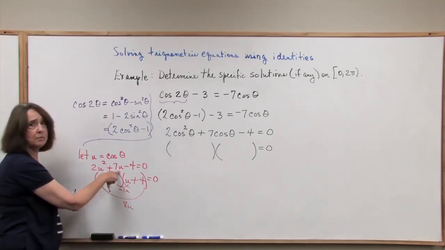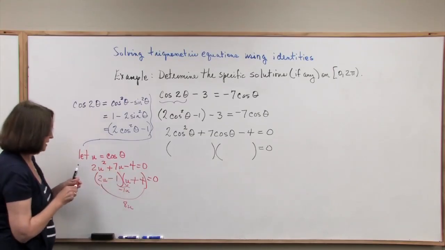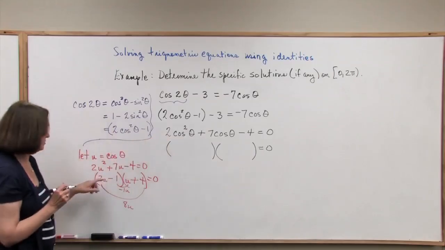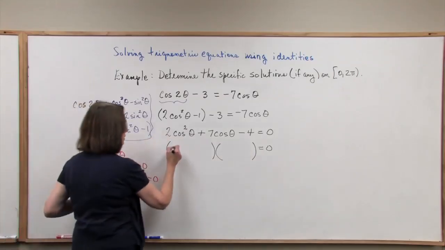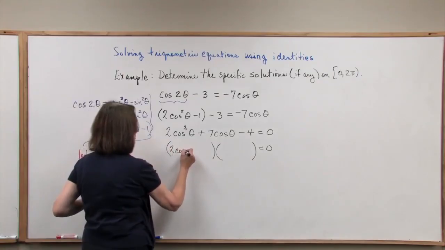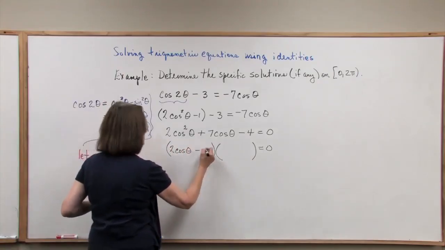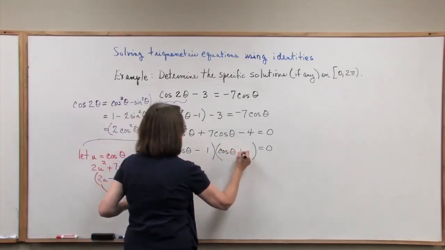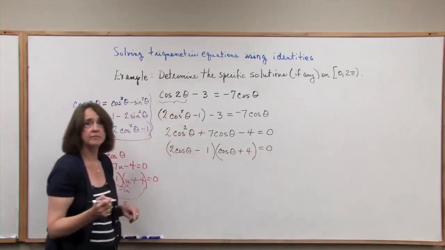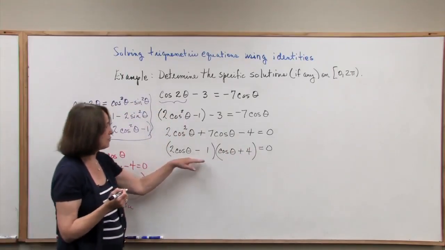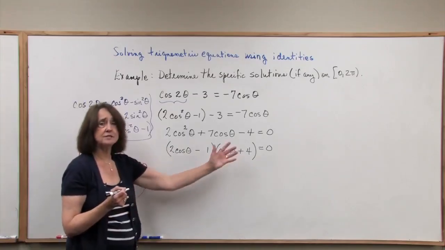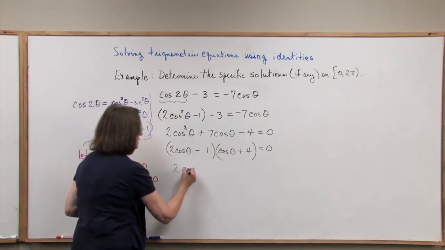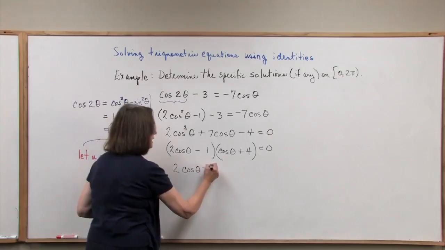That combines to positive 7u. Let's just make the substitution now with cosine theta: 2 cosine theta minus 1 times cosine theta plus 4. Once I have the product of these two factors set equal to 0, I can set each factor equal to 0 and solve.